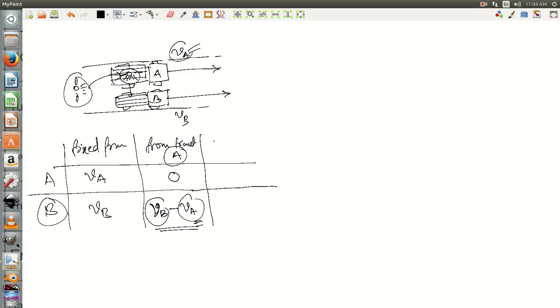Now let us say that we are on the truck B. Now we are sitting on the truck B and we are observing the truck A. In this case, what will happen? We are on the truck B, so the velocity of the truck B will be observed to be 0, but the velocity of truck A will appear to be Va minus Vb.